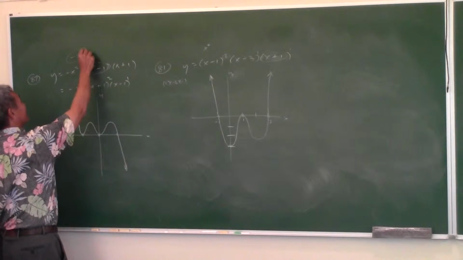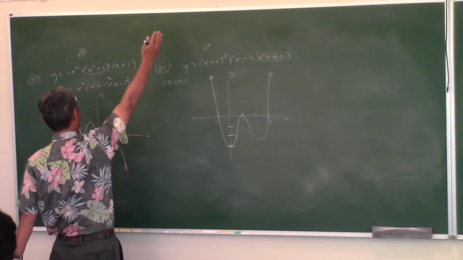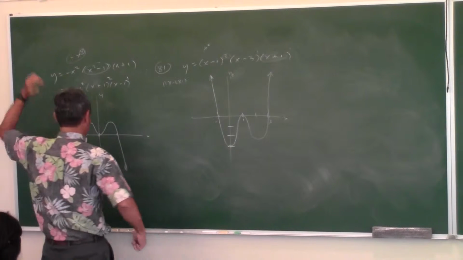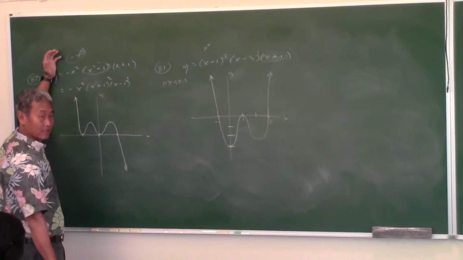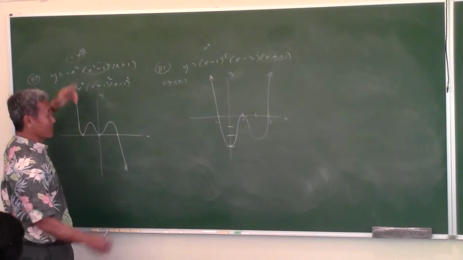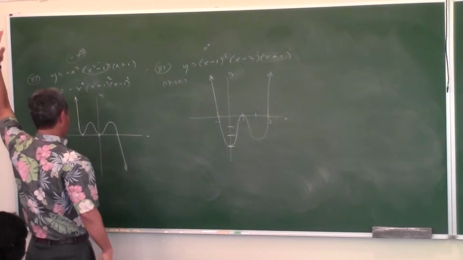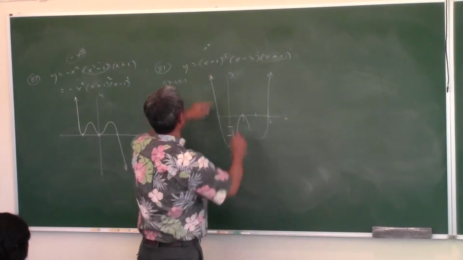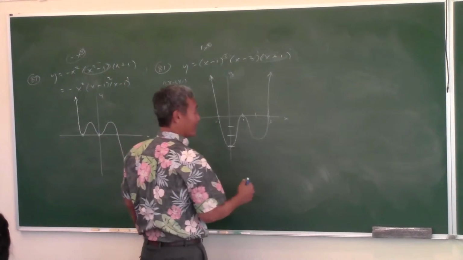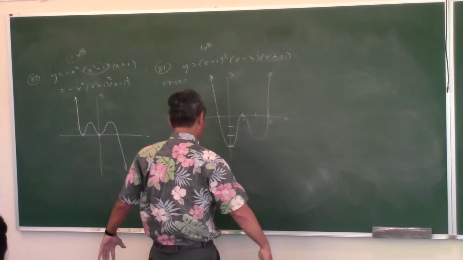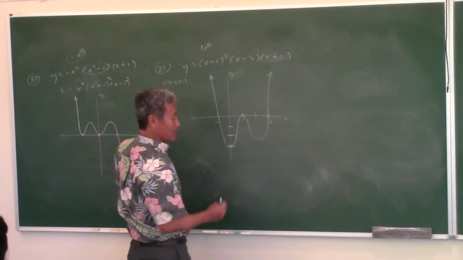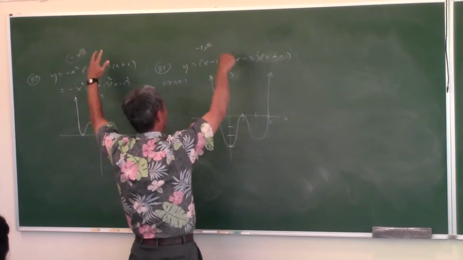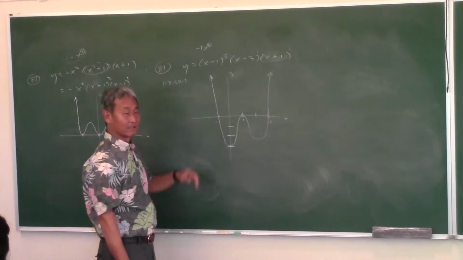If it's odd degree, then it would be either like this or like that, but since the leading coefficient is negative, it's going to be like this. So that first term tells you the end behavior. Just like this one, if I multiplied it all out, this is the first term. Even degree means either bolt up or bolt down, but since the leading coefficient is positive, it'll be bolt up. But if the leading coefficient was negative, then it would be bolt down, like that.